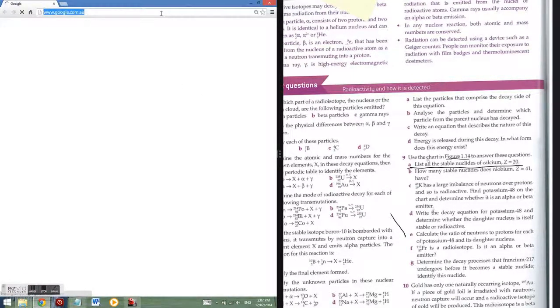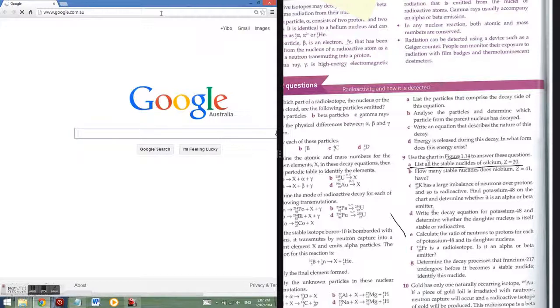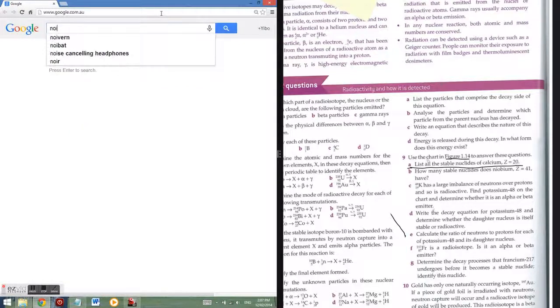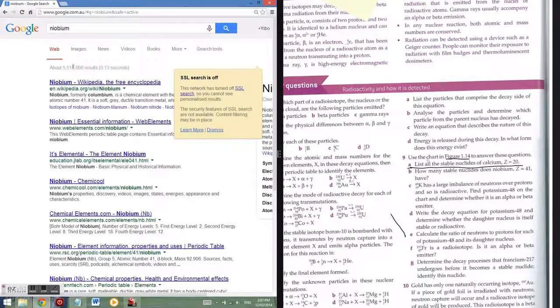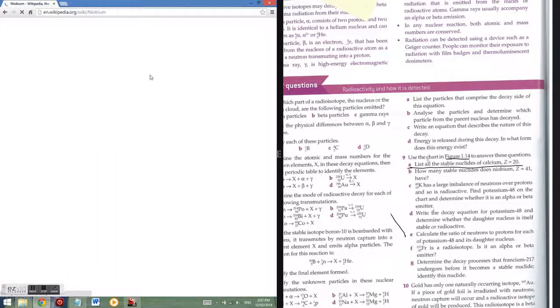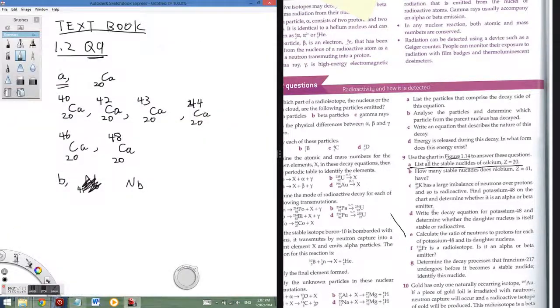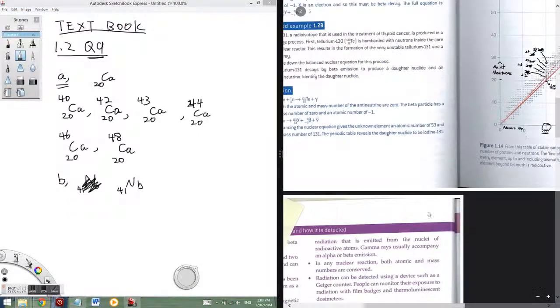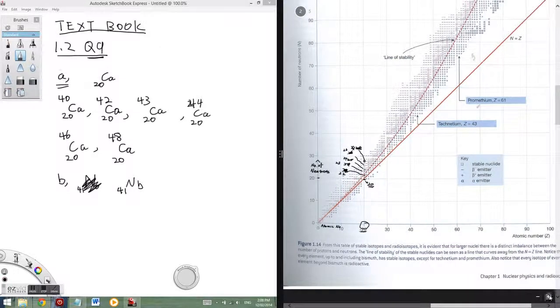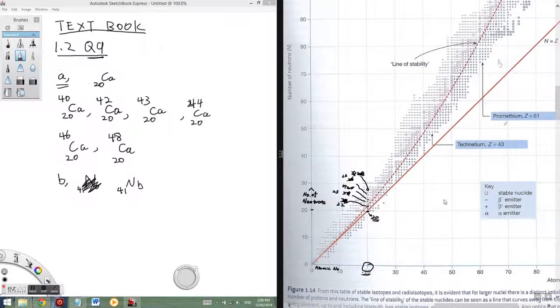Let me get a periodic table. Okay, Nb, yes, I'm right, with atomic number 41. Then we go back to the chart.